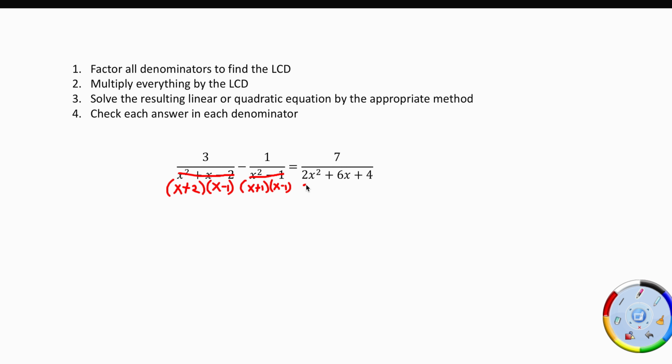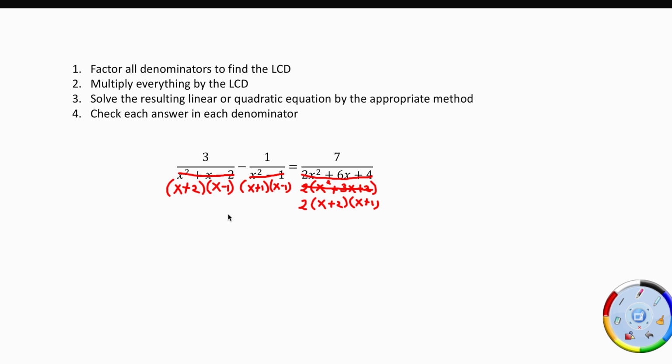And this one I can factor out a 2 right off the bat, and then continue factoring. I need two numbers that multiply to give 2 and add to give 3. So that's x plus 2 times x plus 1.